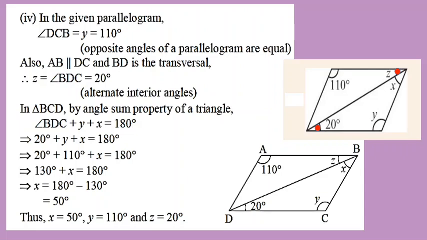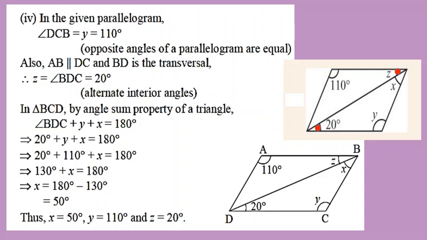Next what? Y is already calculated. Z is calculated. For finding X, you have to use the angle sum property. Observe the lower triangle BCD. In that, X is there, Y is there, 20 degrees is there.